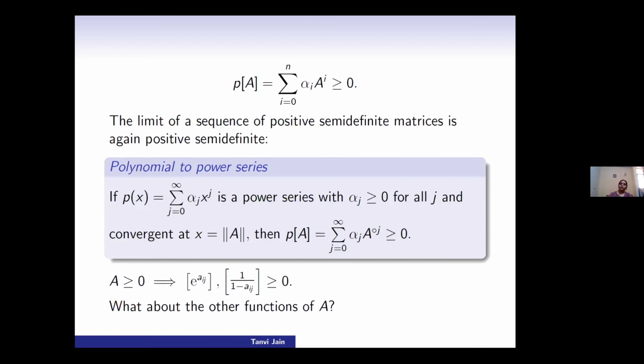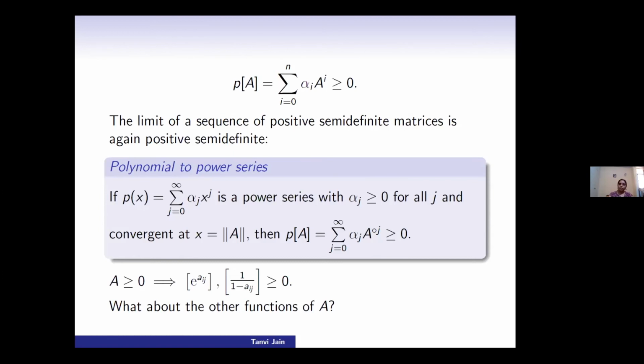So if I have a power series with non-negative coefficients which converges, then summation alpha_m a_ij to the power m again preserves positivity.